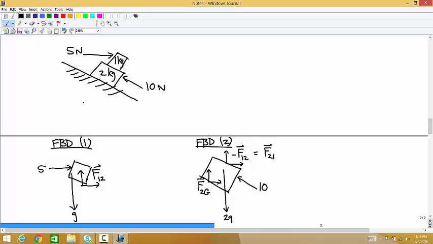Any questions about that? All right, so here's a question. Why not just leave this as force on 2 by 1? That would have been perfectly accurate. Why would I bother to change that to negative F12?